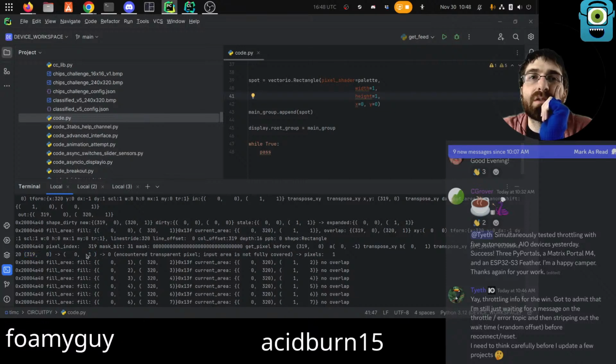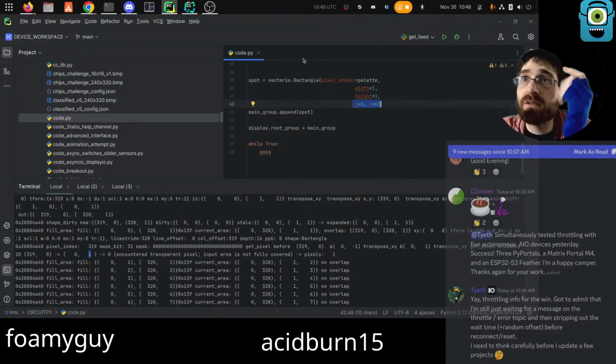So it's wrong though. Maybe they both need -1? They would both need -1. But this should be 0, 0. Because in the shape coordinates, 0, 0 is where our rectangle is at.